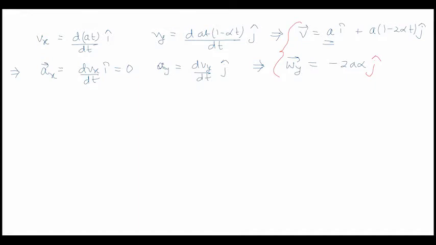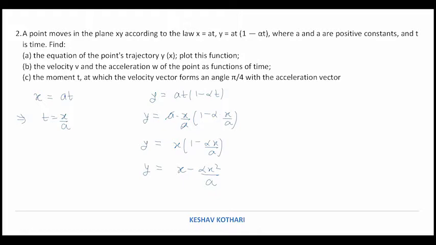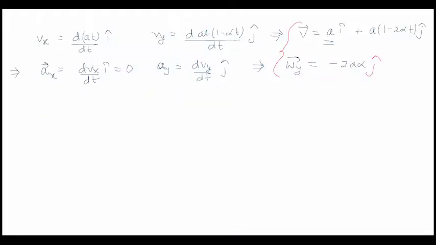Next, the question is asking us to find the time at which the velocity is making an angle of pi by 4 with the acceleration vector. So we can again use this concept of the dot product: cos of the angle, which is cos pi by 4, equals v dot acceleration upon magnitude of v times magnitude of acceleration.